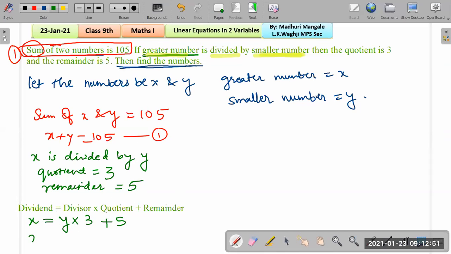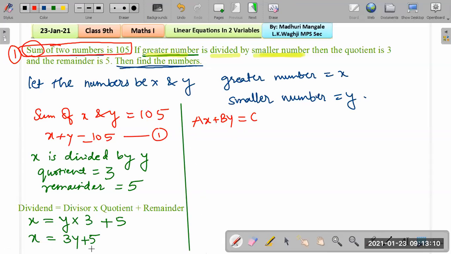So the equation is x equals 3y plus 5. This is the second equation. But remember, students, we need to write it in the standard form. And what is the standard form? Standard form is ax plus by equals c.